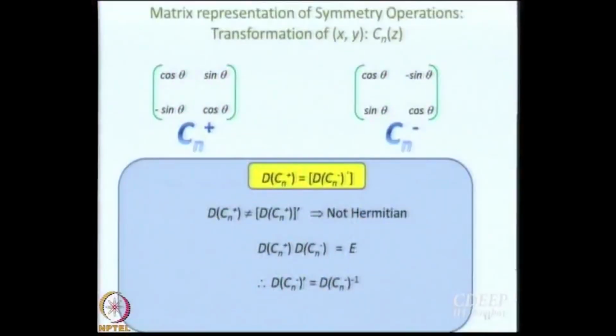Okay. Now, I hope we have not forgotten this, that DCn plus is equal to DCn minus transpose, right. So, instead of DCn plus, I can write DCn minus transpose, equal to DCn minus inverse. So, as Rahul had said correctly, these are orthogonal matrices. These transformation matrices, if they are real, then they are orthogonal.